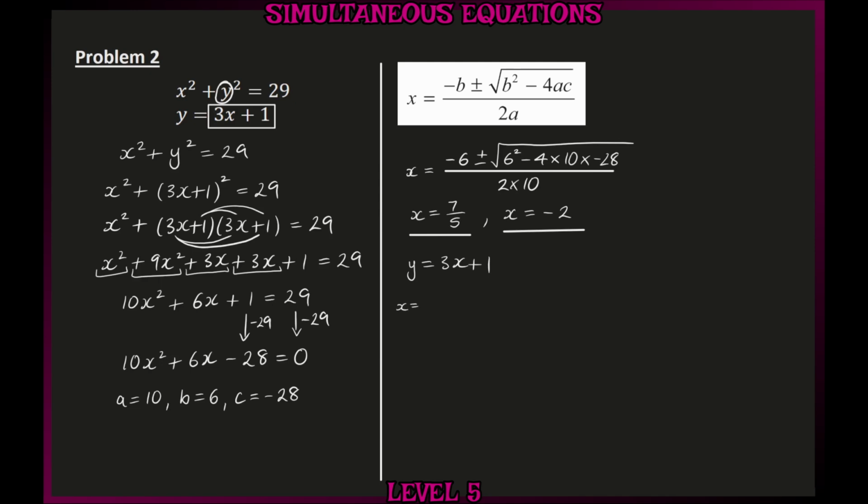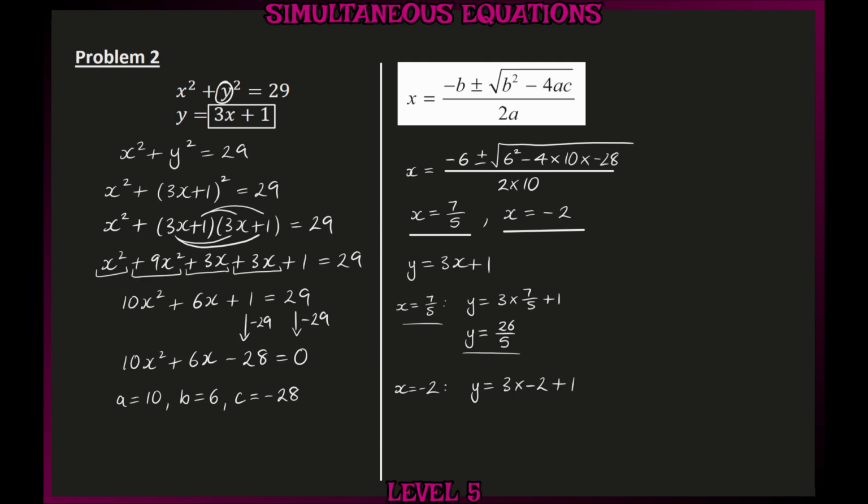So when x is equal to 7 over 5, y is equal to 3 multiplied by 7 over 5 plus 1. And since 3 multiplied by 7 over 5 plus 1 gives us 26 over 5, y is equal to 26 over 5, and this is our first pair. We can now substitute x equals minus 2 into the same equation. So we have y equals 3 times minus 2 plus 1.